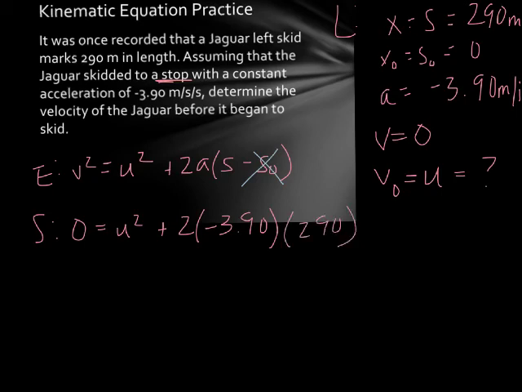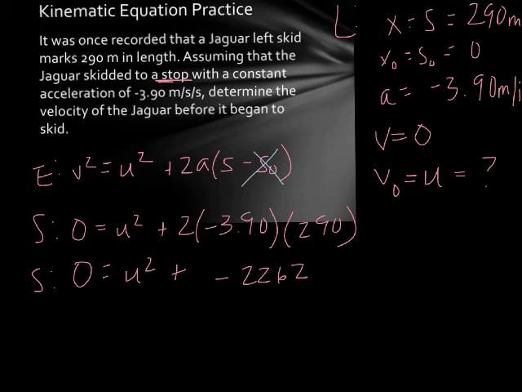So you end up getting S. When we solve that, let's see, I don't want to skip too many steps, so let's stick with 0 equals u squared plus 2 times negative 3.9 times 290, which is negative 2262. And you don't always have to show this many steps.